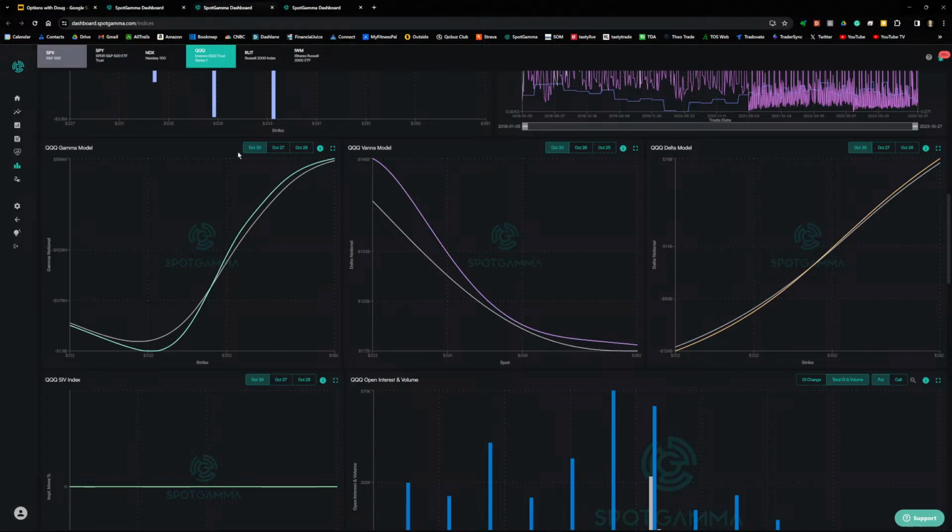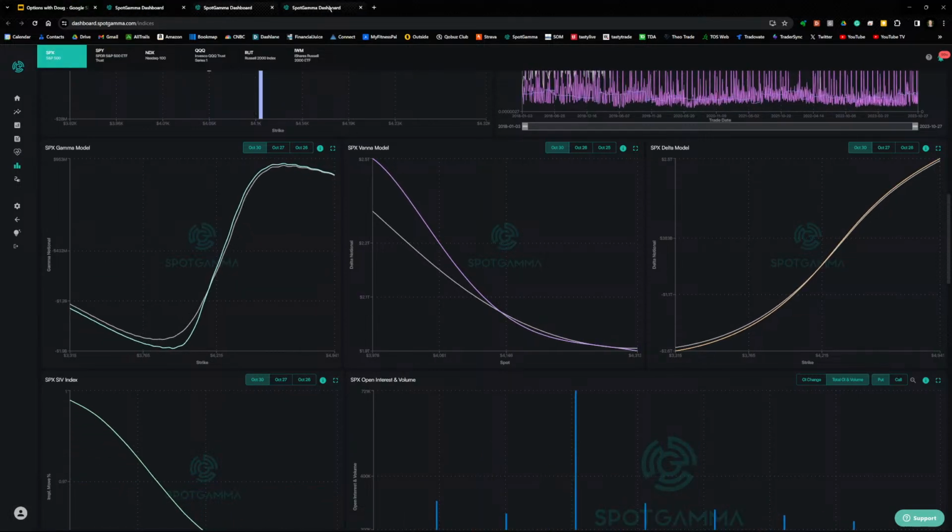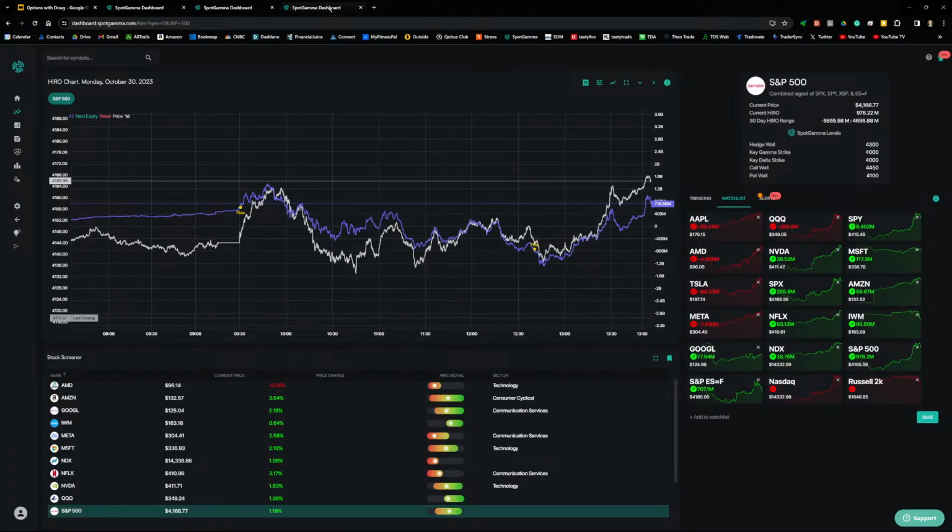All right, let's take a look at some setups now. So this chart is the HERO chart for S&P 500. HERO is hedging impact real-time options. This is available to SpotGamma subscribers.